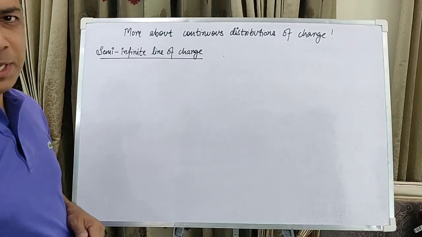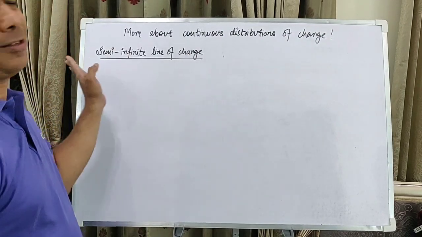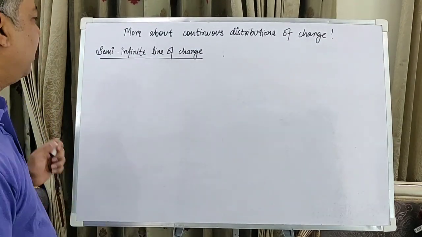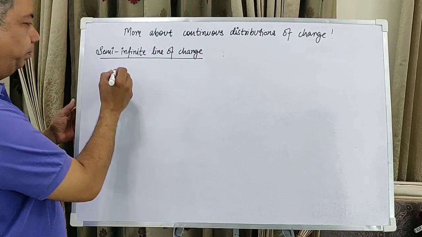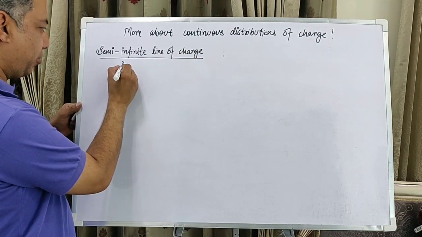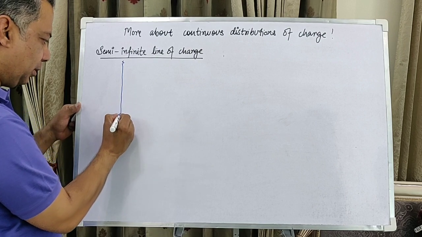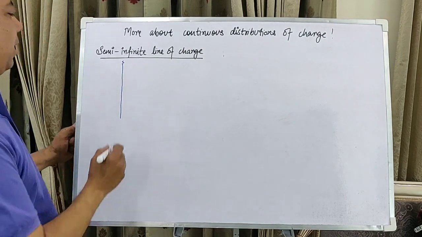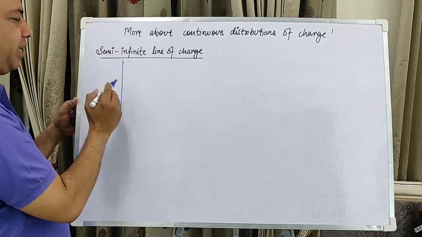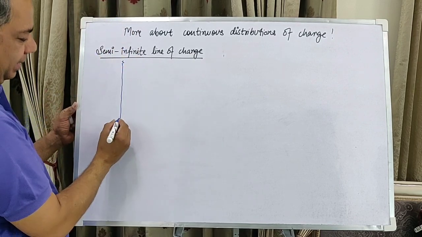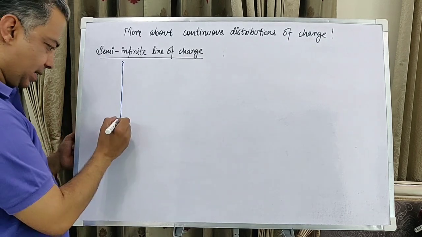Now, how can something be semi-infinite? It's just a description I'm using, used originally by the Russian author Irodov. This is a line of charge which goes up to infinity up over there and has an end on this side.